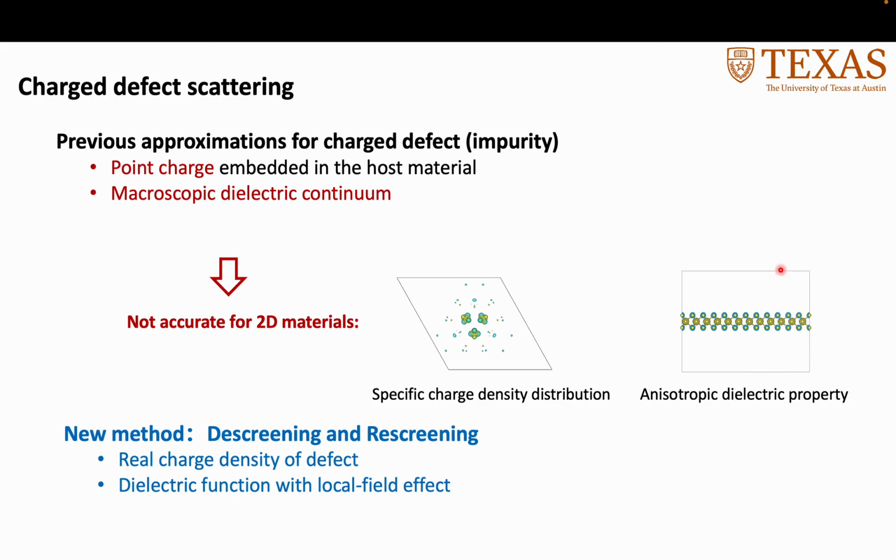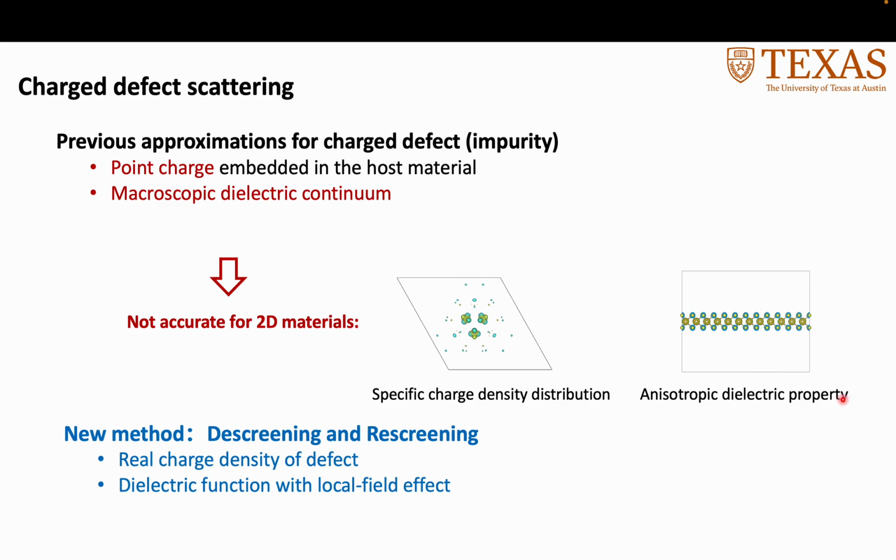You can see there is a large vacuum layer in the supercell. So actually, this material has a strongly anisotropic dielectric property. So the macroscopic dielectric continuum can't accurately describe the dielectric property of two-dimensional materials.